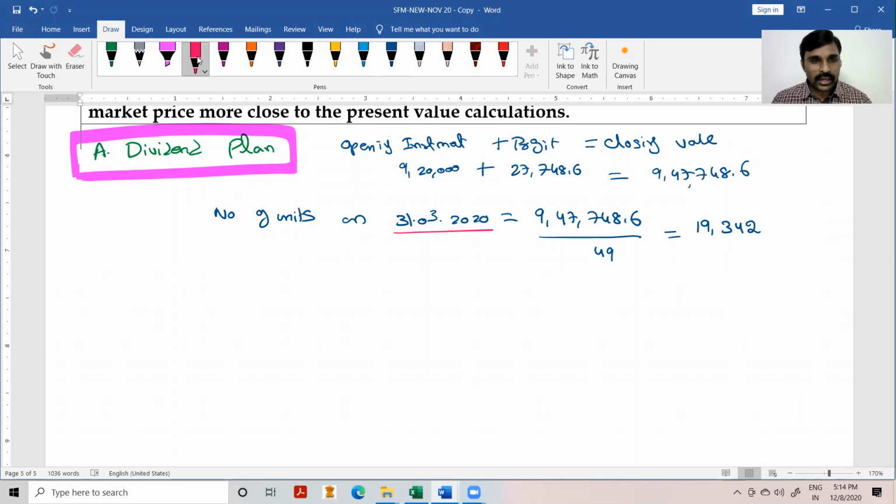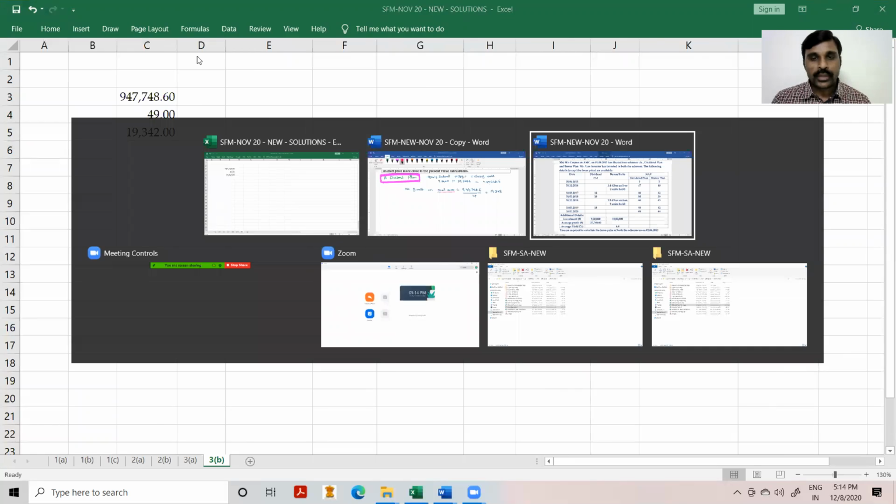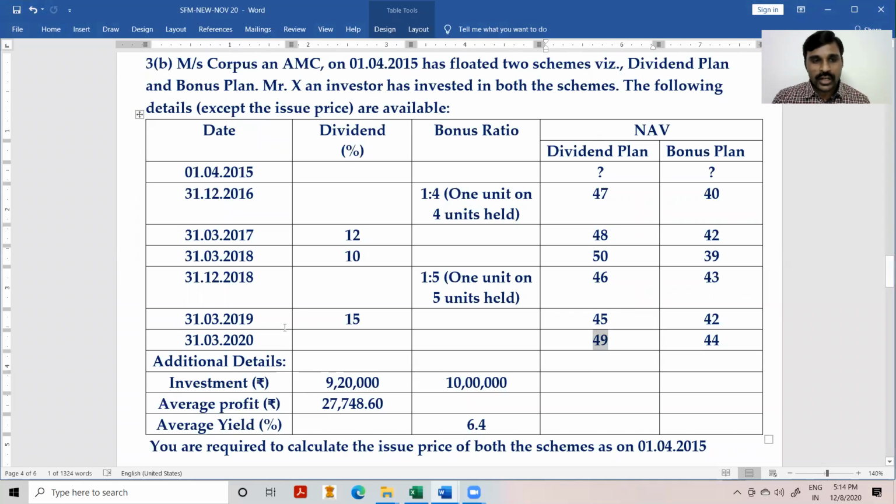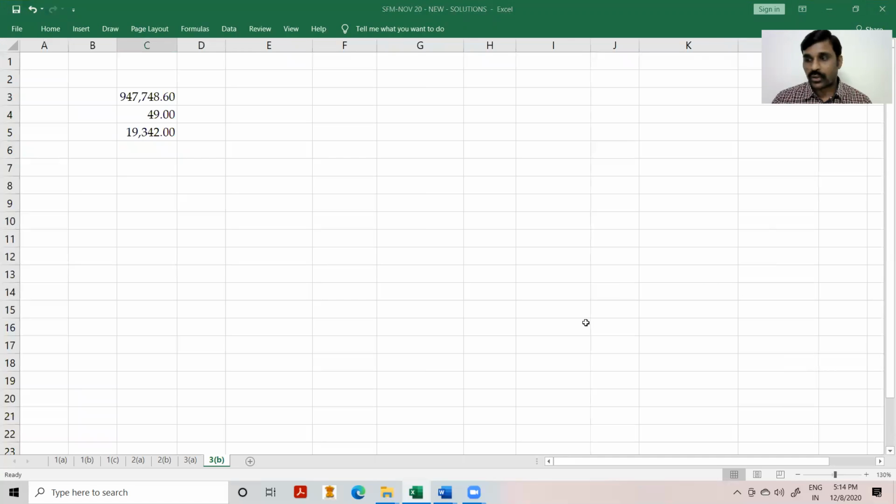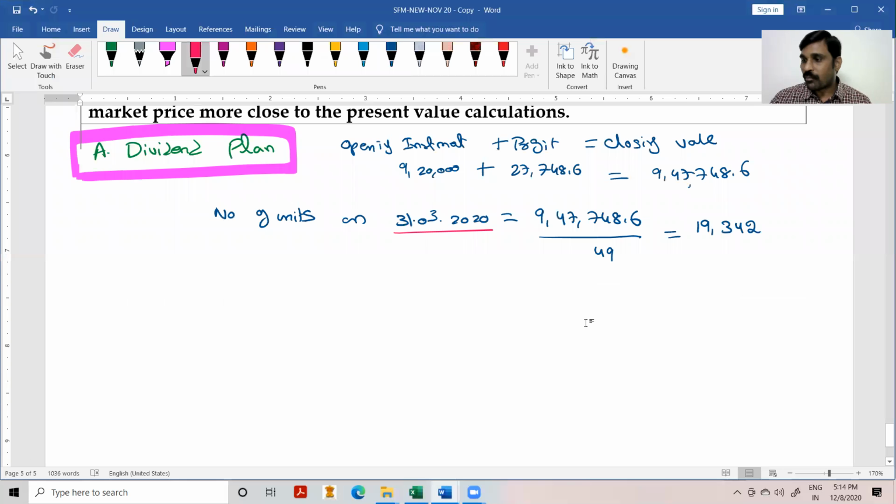Now we'll calculate the number of units before that date. This is the dividend date, and the last dividend paid is 31st March 2019. So we have to calculate the number of units on 31st March 2019 before reinvestment.